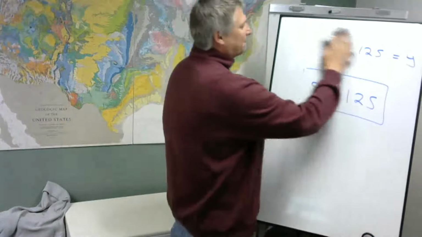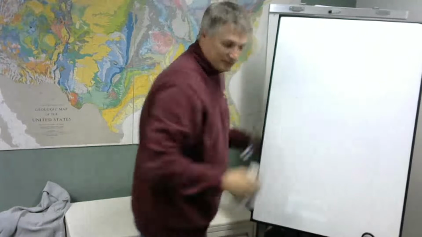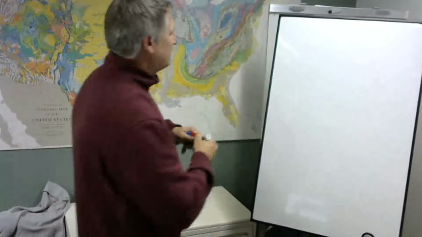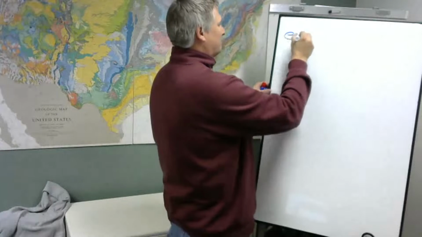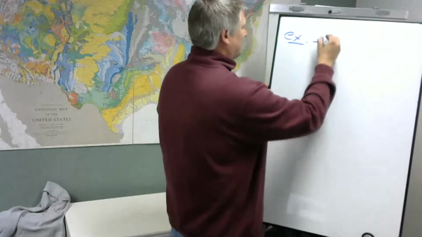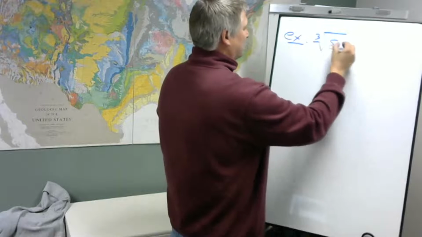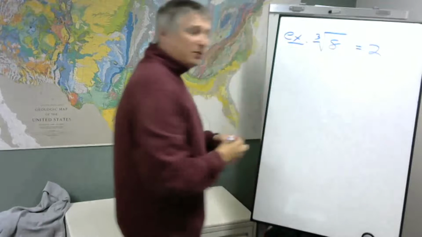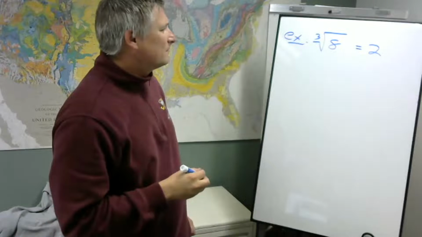So let's try another one. The cube root of 8 is equal to 2.